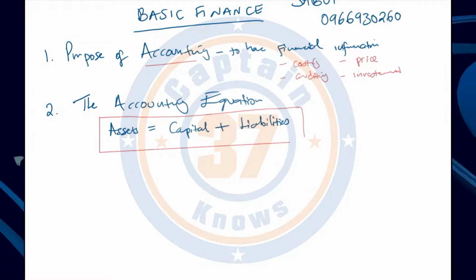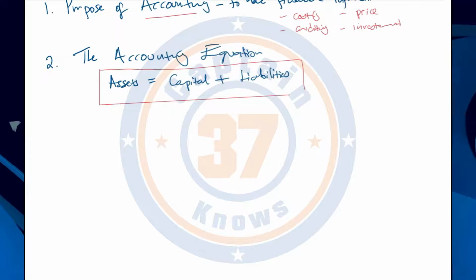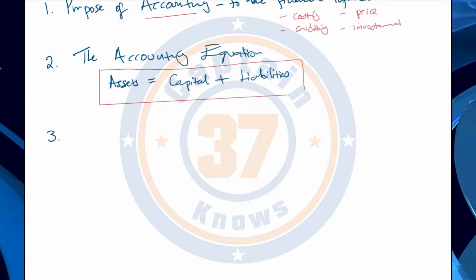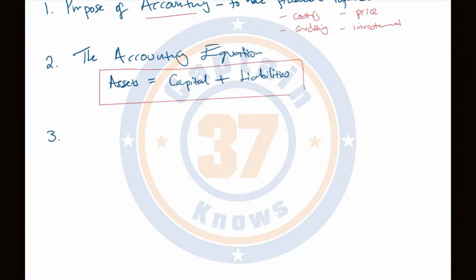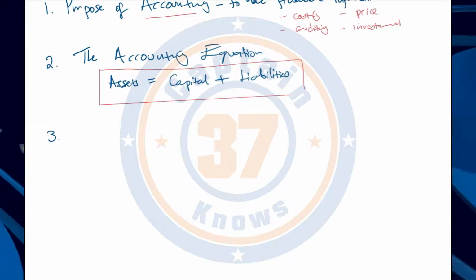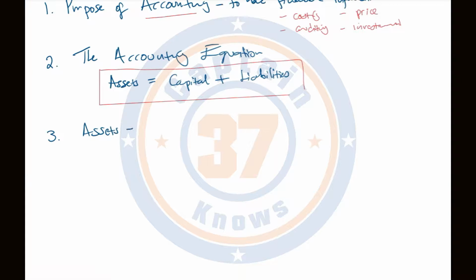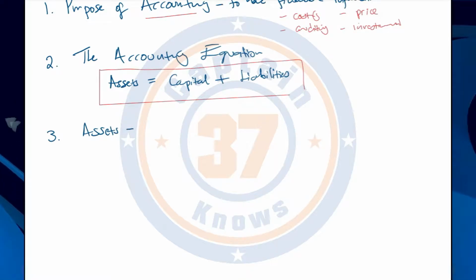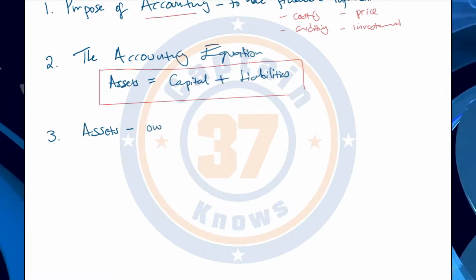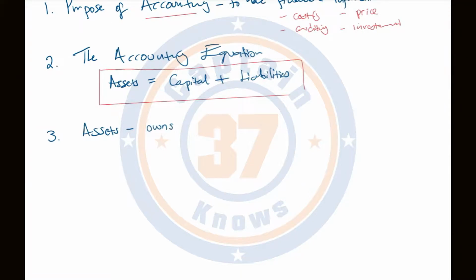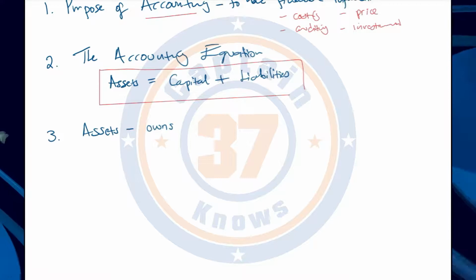Let's move on to number 3. Now, I'm going to begin to break down the accounting equation, and we are going to start with assets. Assets are those things that a business owns. Yes, take that down. Very important.